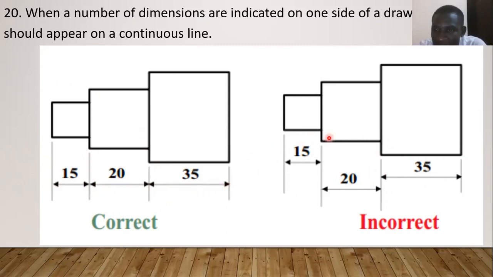All the numbers are at the bottom side of the shaft, but they are not coinciding. 15 is somewhere else. This one is also somewhere else. It's almost like Mario jumping steps or pipes. But the right thing is for the dimension lines to coincide.